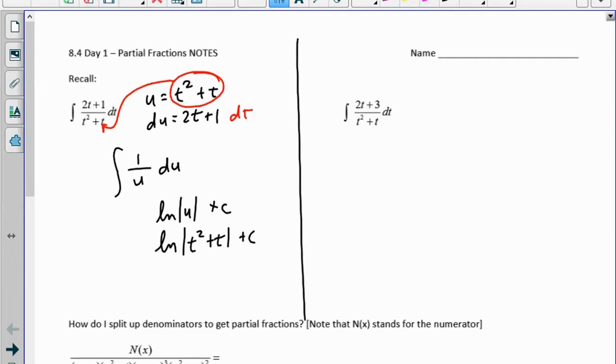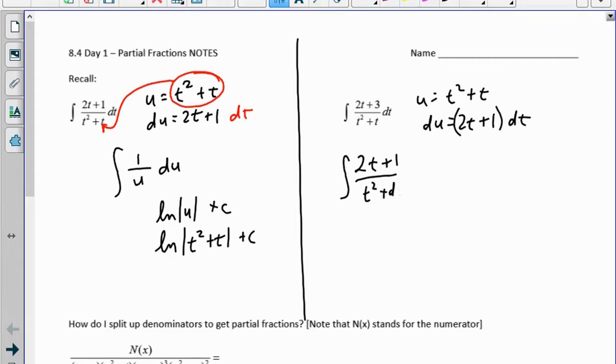We also learned that if it doesn't exactly align, we have u equals t squared plus t, du equals 2t plus 1 dt. We can rewrite the numerator of this problem as 2t plus 1.